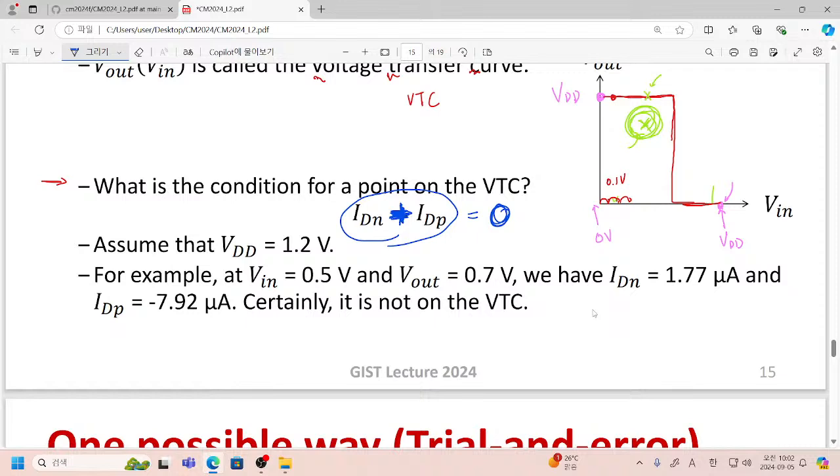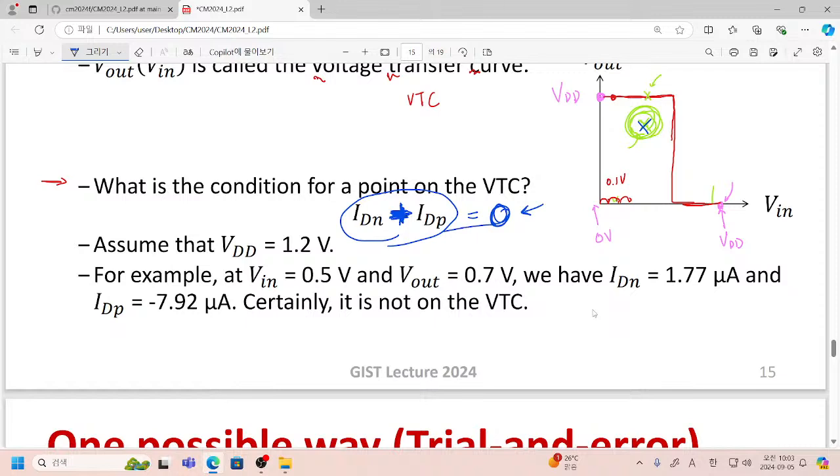IDN, the sum of the drain current of the NMOSFET and the drain current of the PMOSFET, should vanish. So now only the points on the voltage transfer curve will satisfy this condition. So what you can do is quite simple. Try this point.